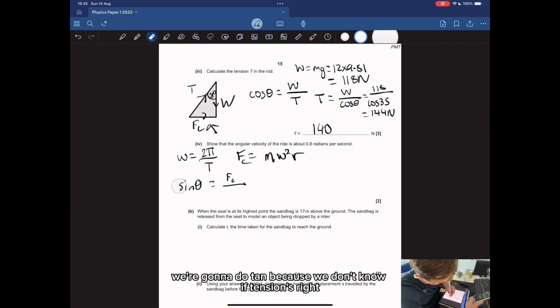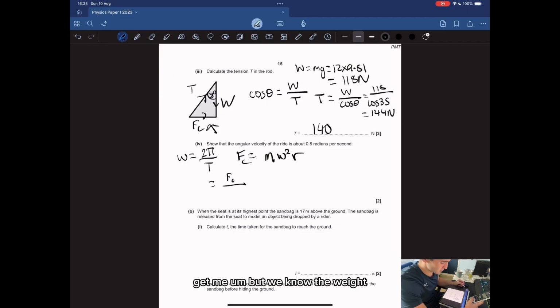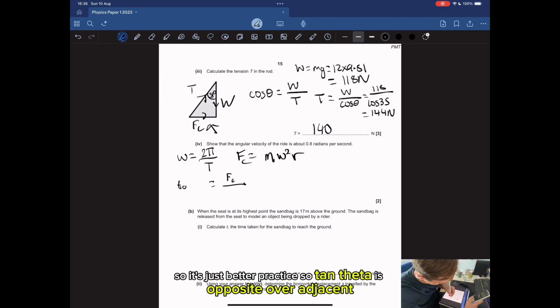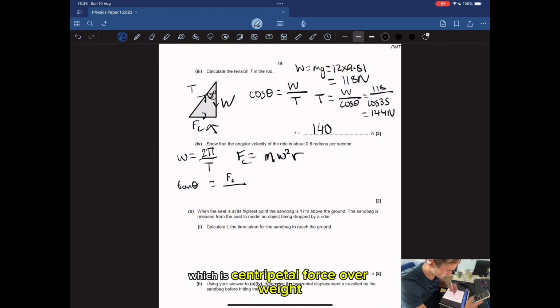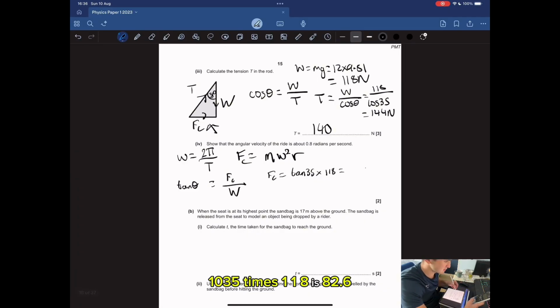Now we need to find FC. In fact we're going to do tan, because we don't know if tension's right. Probably is, I hope it is. But we know the weight, so it's just better practice. So tan theta is opposite over adjacent, which is centripetal force over weight. So tan 35 times 118 is 82.6.